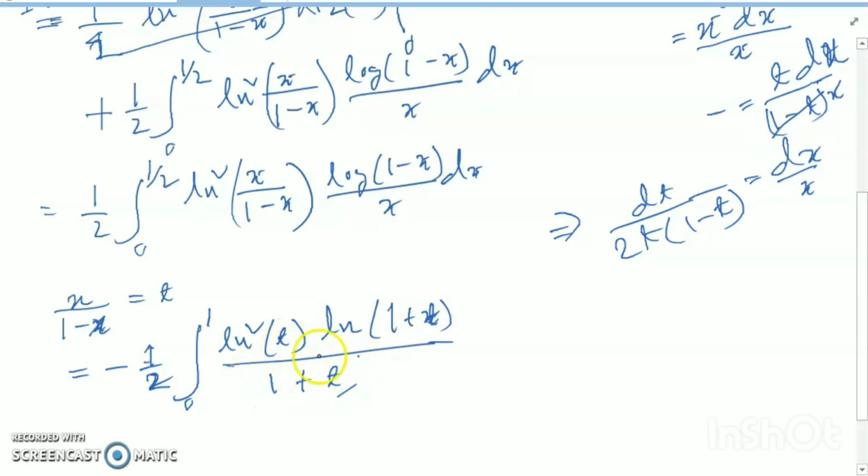Simple substitutions friends, just using the differentiation, so you get t into 1 minus t into dt. Okay, this is my value.